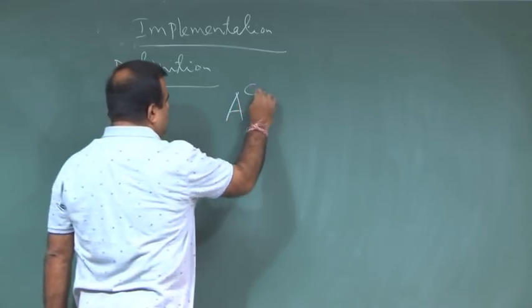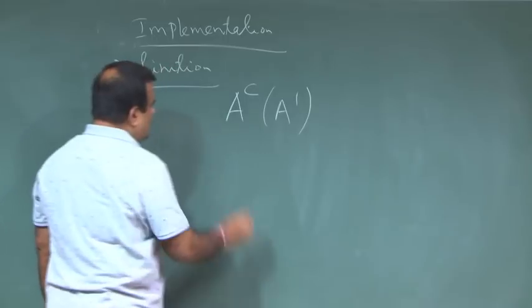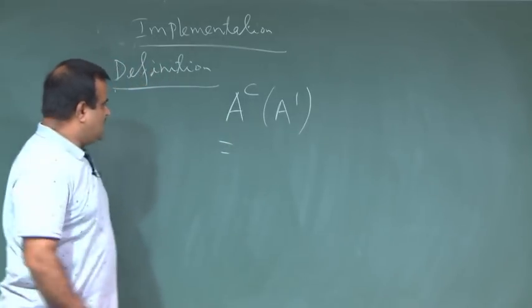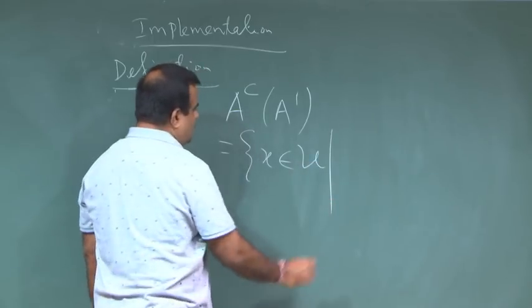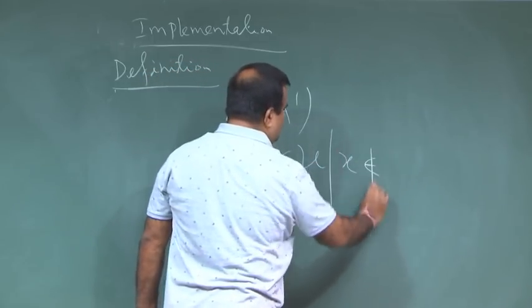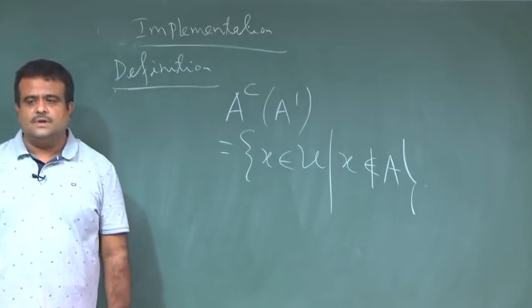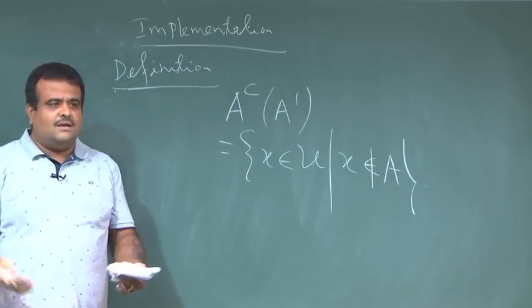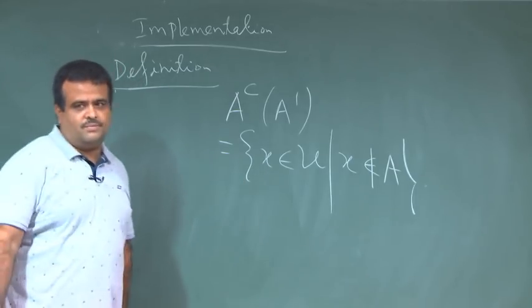We denote the complement of A by this, or sometimes it is denoted by this symbol. This is basically the set of all elements x from the universe where x does not belong to A. So, these are the elements which do not belong to A, which are coming from the universe.